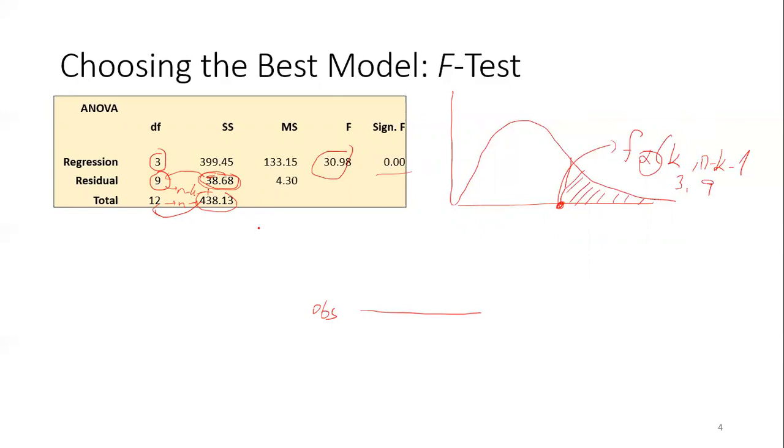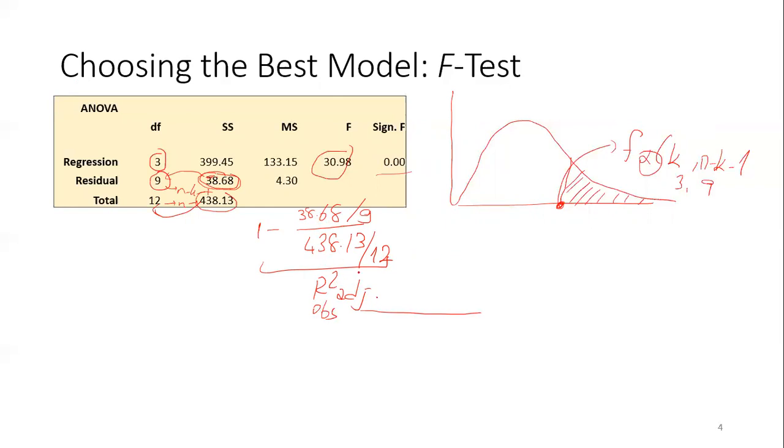So adjusted R square here is 1 minus 38.68 divided by 9, and 438.13 divided by 12. So this is my R square adjusted, right? Great. So what is R square?